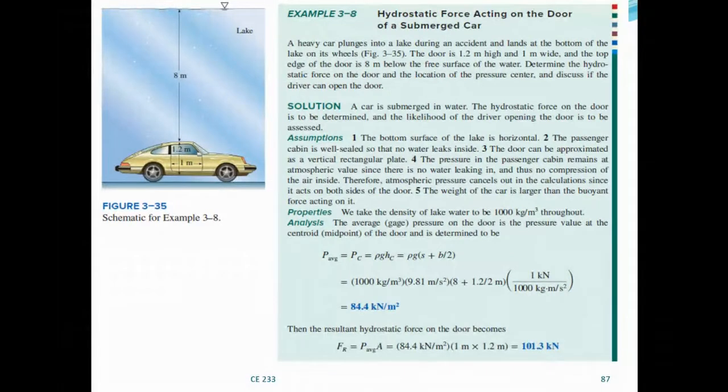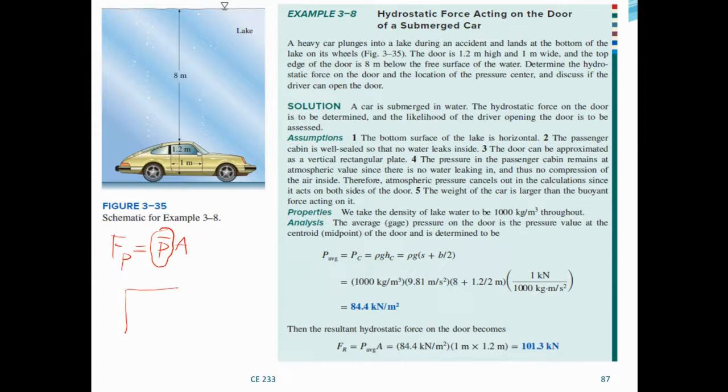If you remember, we derived that the hydrostatic force is P bar A, where P bar is the pressure at the centroid of the plane surface. So we'll have to find the pressure at the centroid of the door.